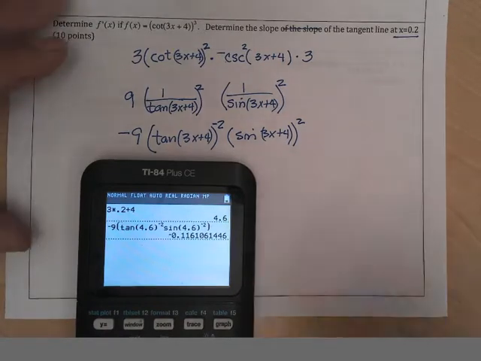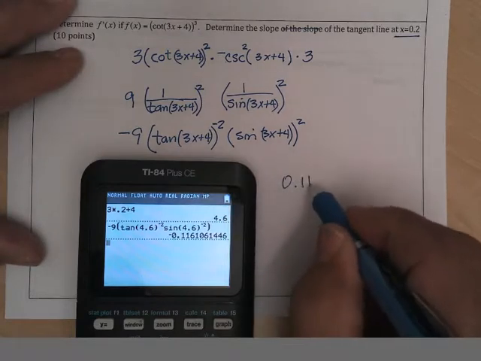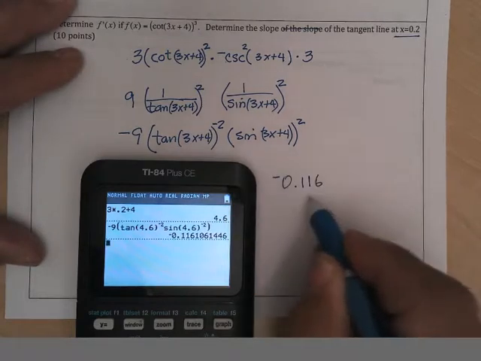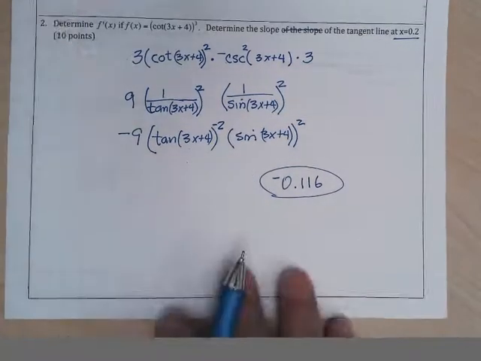And I get negative 0.116. Okay. Page 1. Page 2.